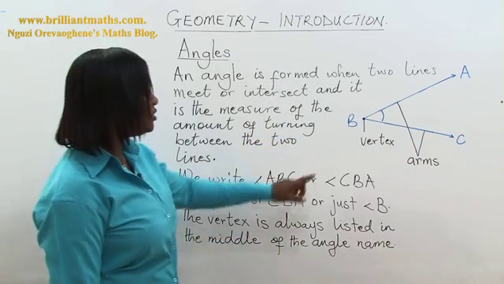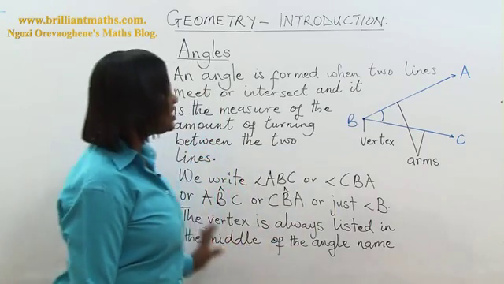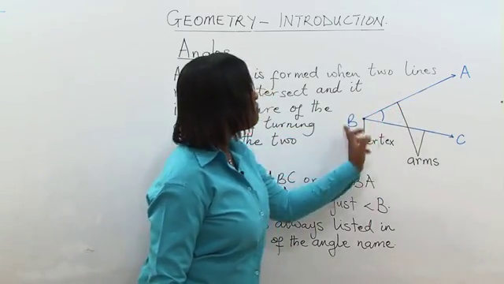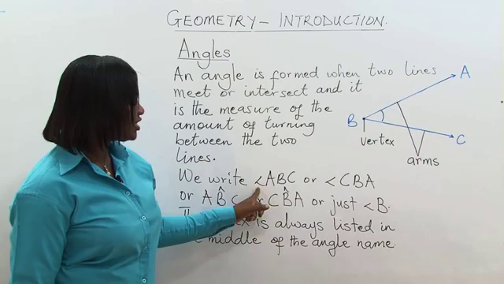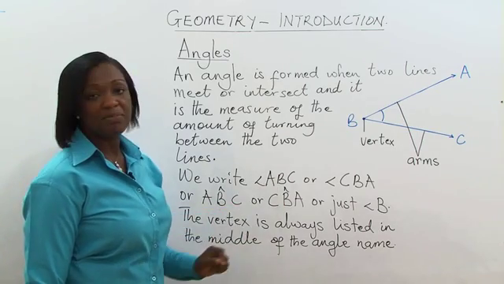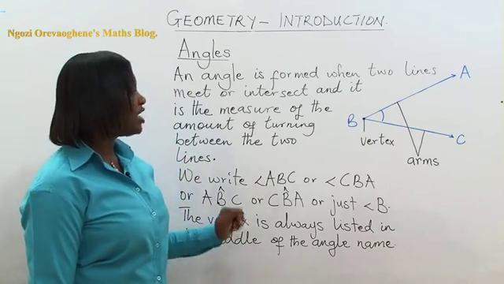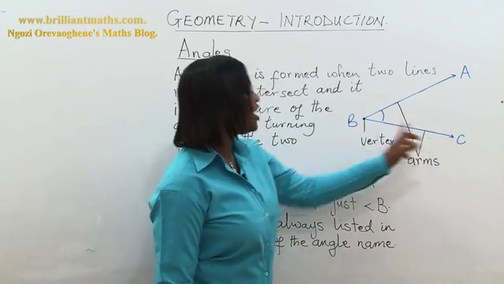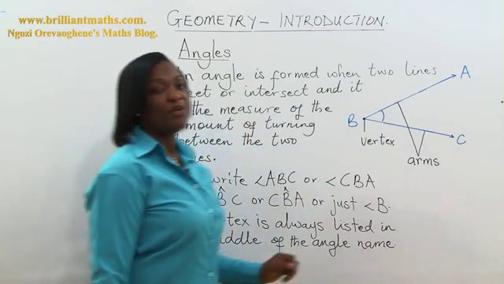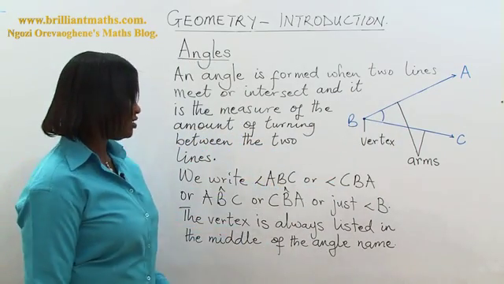To name this angle, the angle B, we write it as angle ABC with the angle sign in front, and B is in the middle, showing that that is where the angle is. Or we could also name it as angle CBA with the angle sign in front.